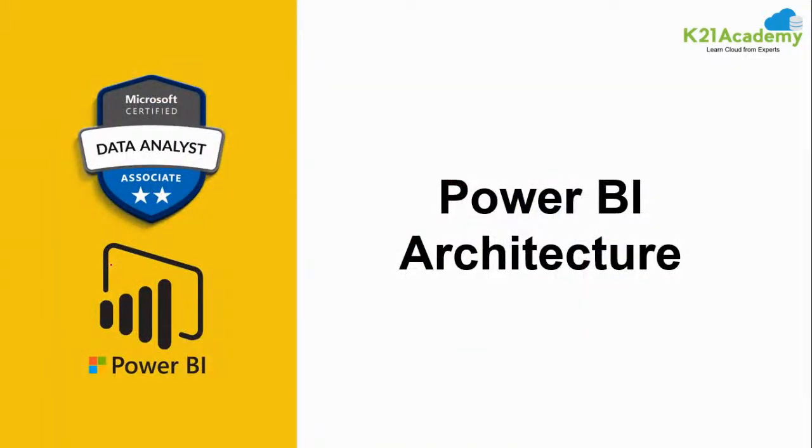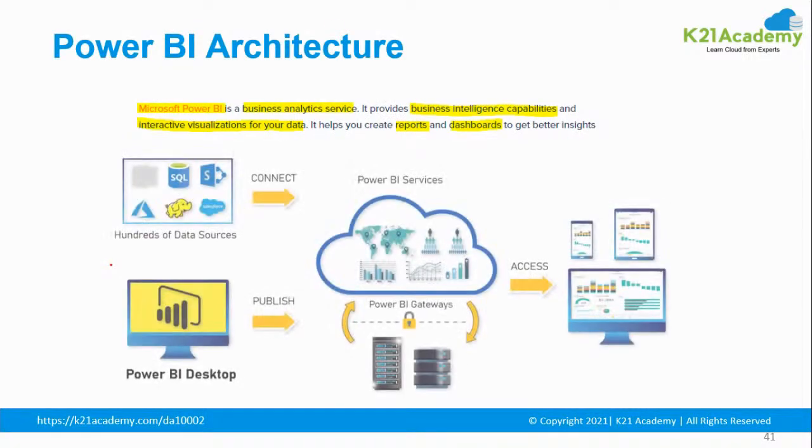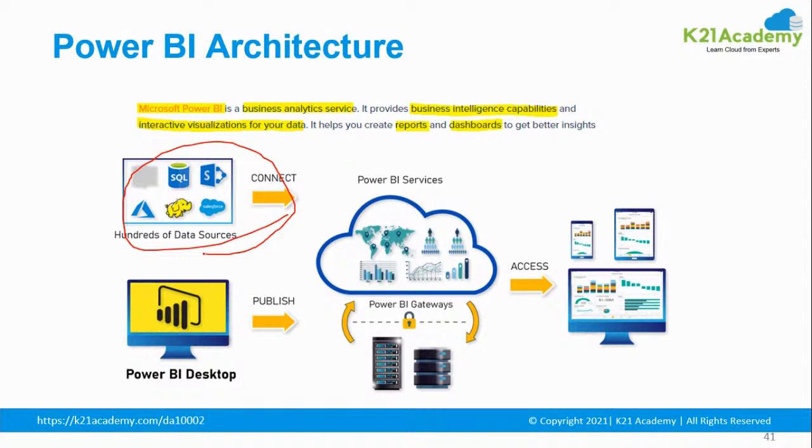So finally we have the Power BI architecture. How can we define this architecture? You can see simply we have some data. So how to connect with data? We have different sources. We have 100 plus data sources. Maybe we have a server, we have a cloud, we have some web sources, right? When we connect with data sources, first we need to understand how we can connect.